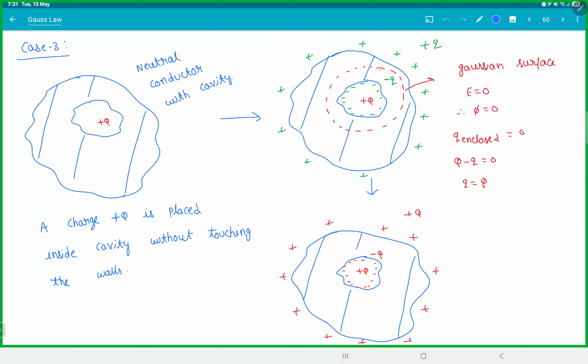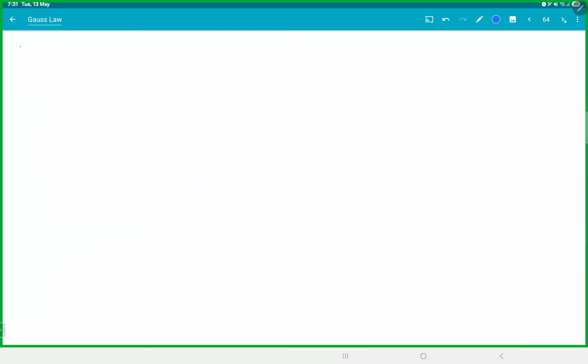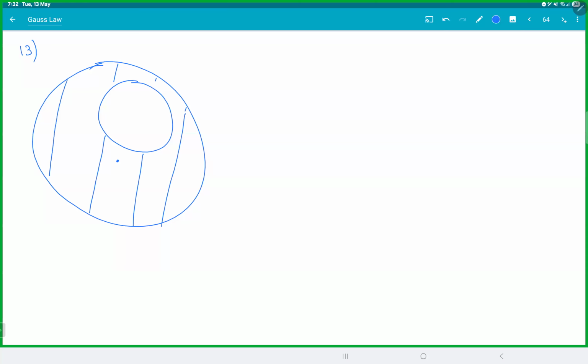Let's see a question. Let's see how the last questions on this. Let's say we have a spherical shell, we have a cavity. So this is your center.